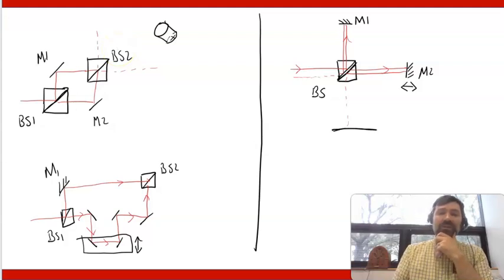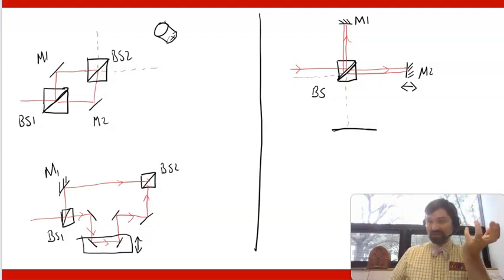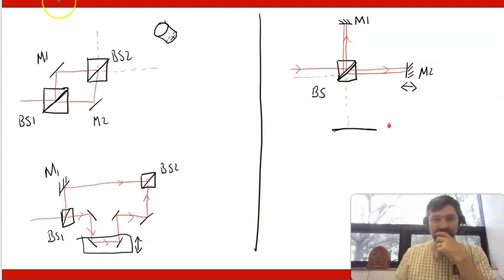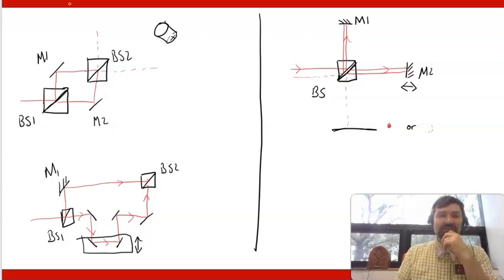On the screen, for an idealized beam that doesn't have any spatial extent, I either get a bright spot or I get a dark spot. So idealized, I basically get this, or I get nothing. Okay, so that's idealized.